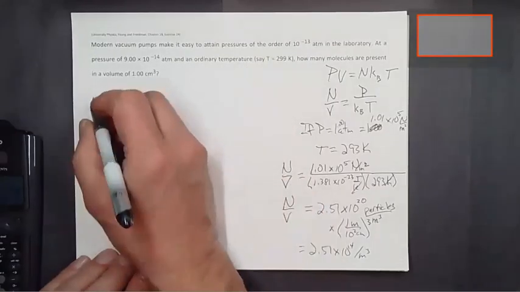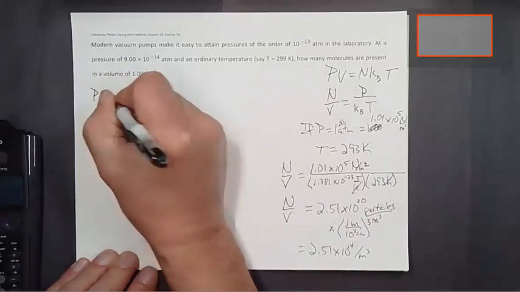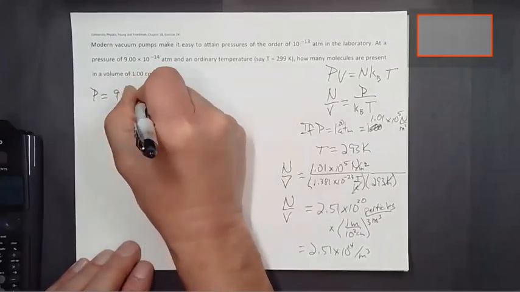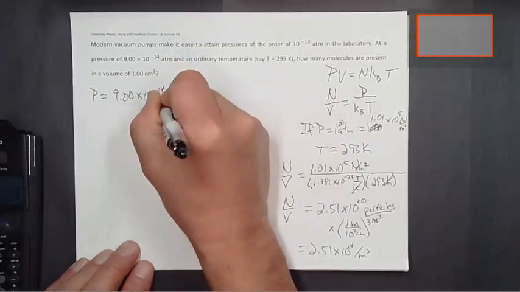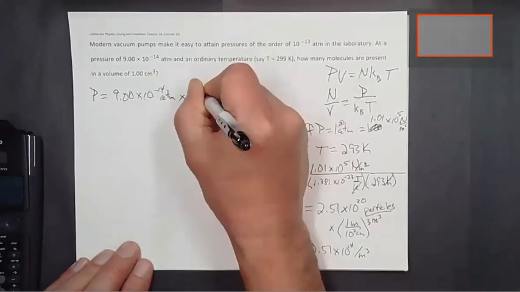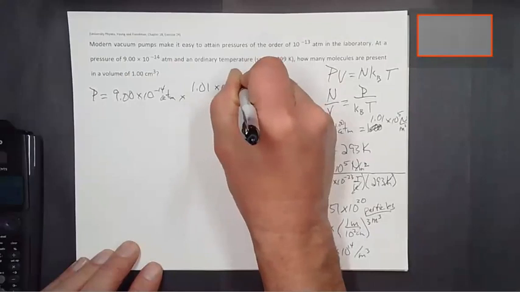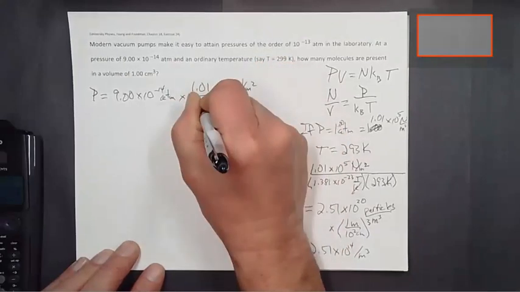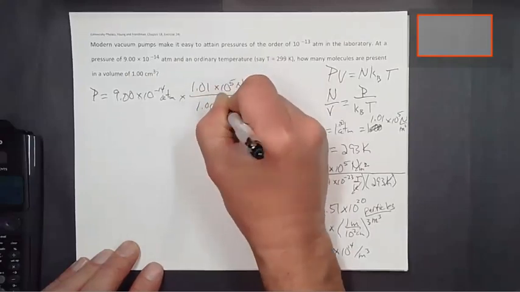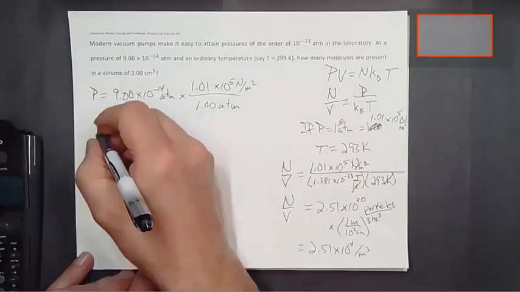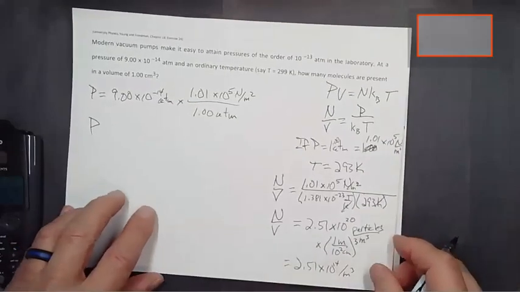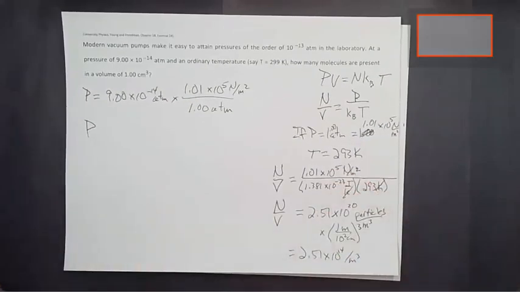The pressure is 9.00 times 10 to the minus 14th atmospheres. And I would multiply that by 1.01 times 10 to the 5th newtons per square meter per 1 atmosphere, and so that pressure ends up in newtons per square meter.